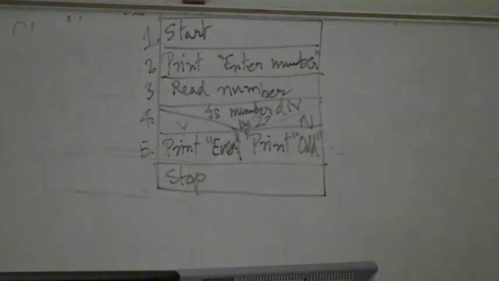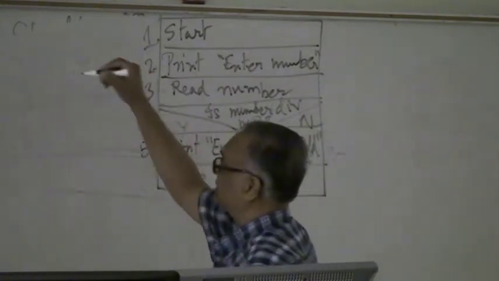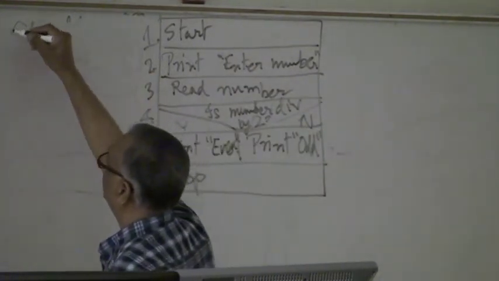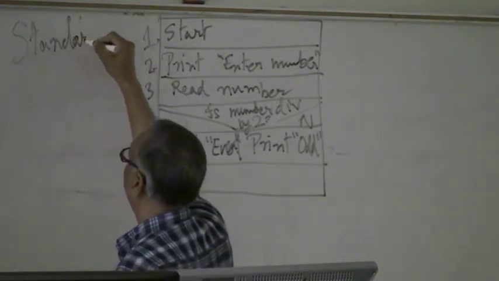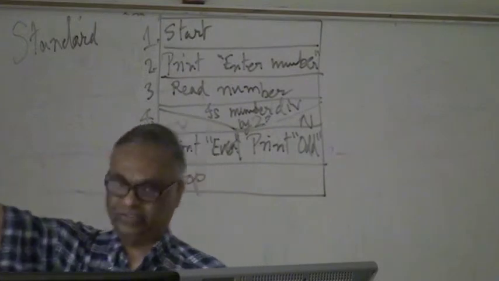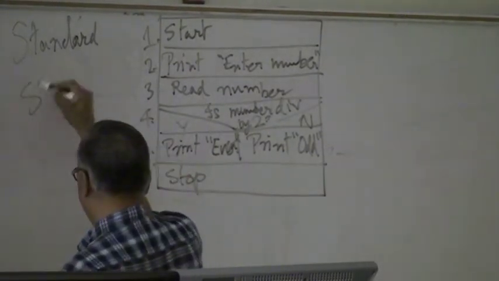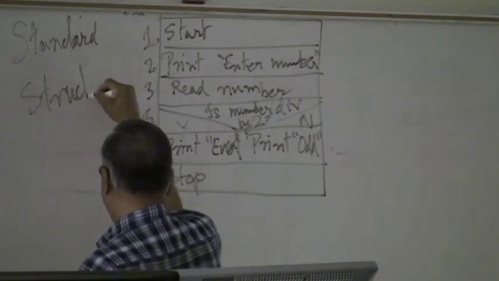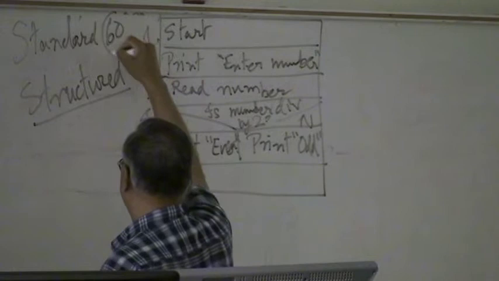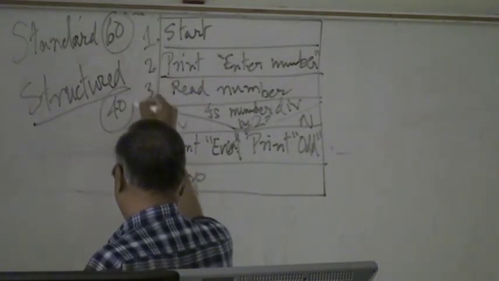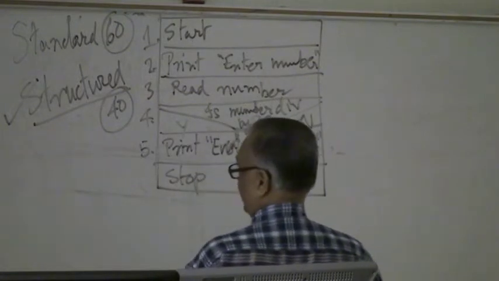So finally, the reason for this is it's slightly better than regular flowcharts, which are called standard flowcharts. So if on a test I say make a standard flowchart, you make the one on the screen, with the arrows. Now, these are 60-year-old, structured flowcharts are 40-year-old. And these are superior because the flow of the logic is clearer.